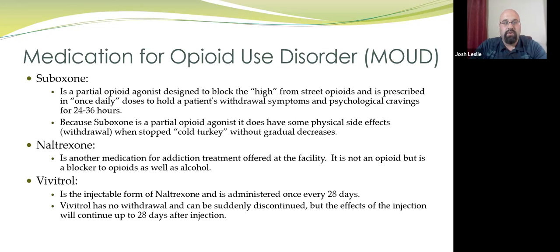What Suboxone allows us to do is create a long-acting form of treatment that will reduce those withdrawal symptoms and stop those psychological cravings for an extended period of time. This will range depending on your patient population, how their liver's affected, those types of things. We're looking for about 24 to 36 hours of relief with a dose. I will tell you that most individuals will tell us that it's about 20 to 24 hours.